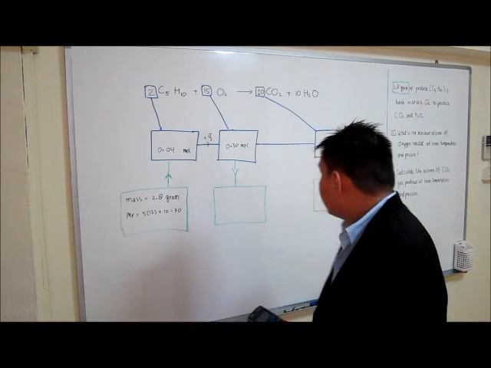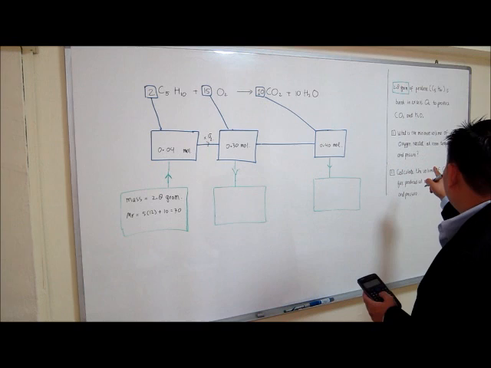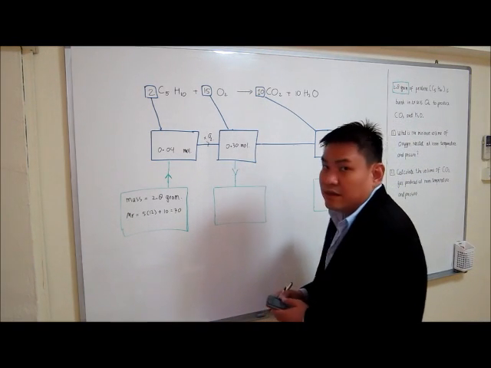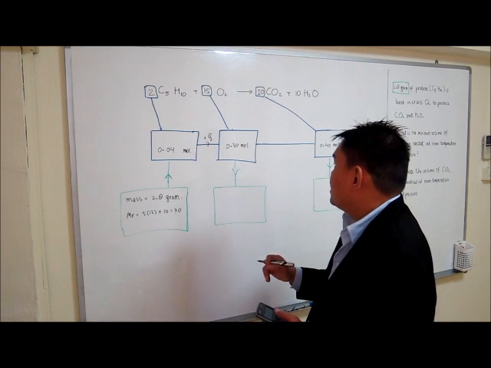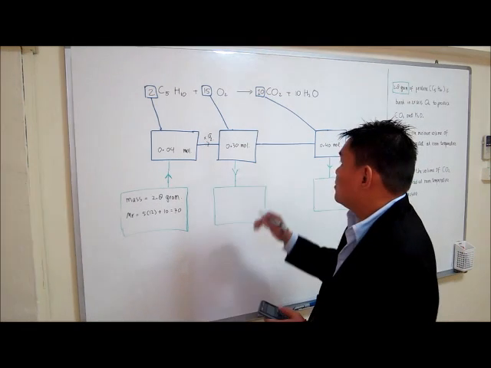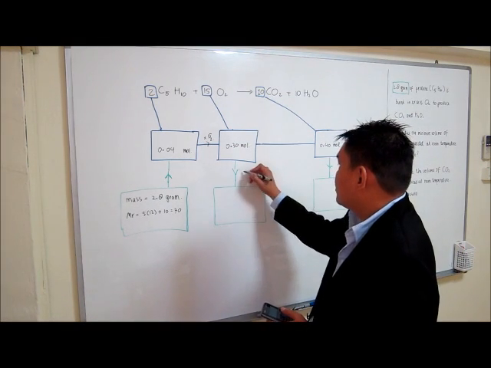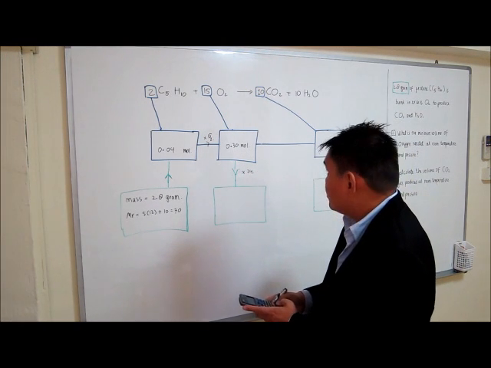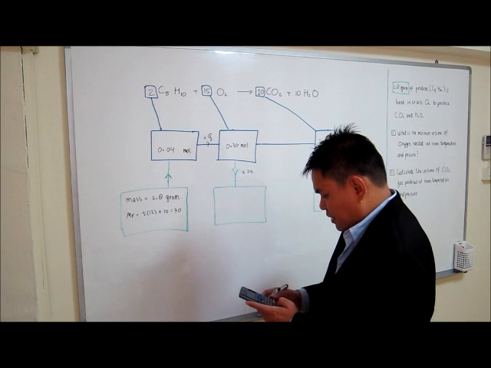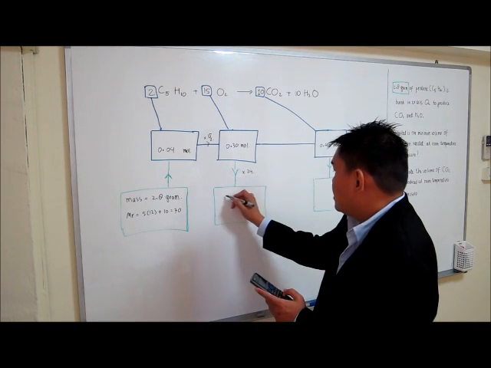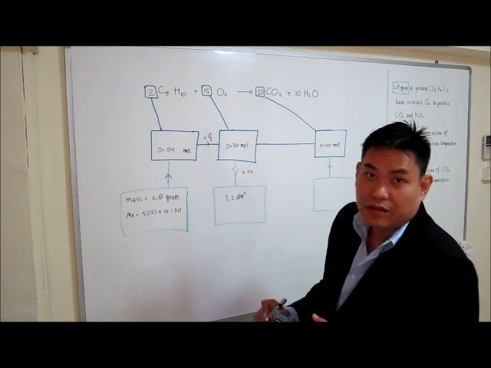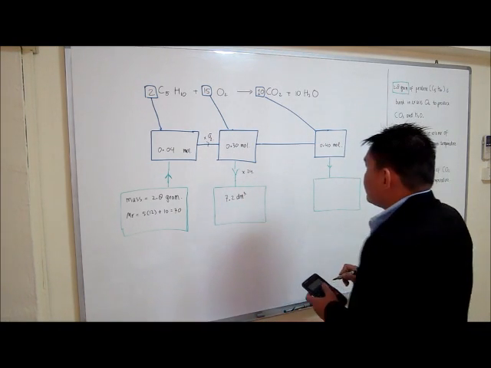The rest is easy. Question number 1 asks the volume of oxygen, so we are going to apply formula number 3. Volume of gas equals moles times 24, so 0.3 times 24 will be 7.2 dm cube at room temperature and pressure, of course.